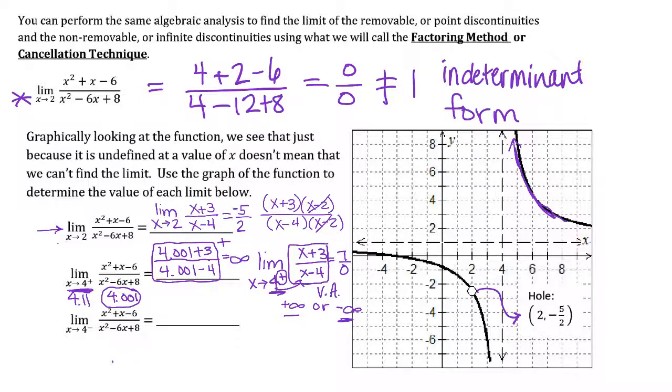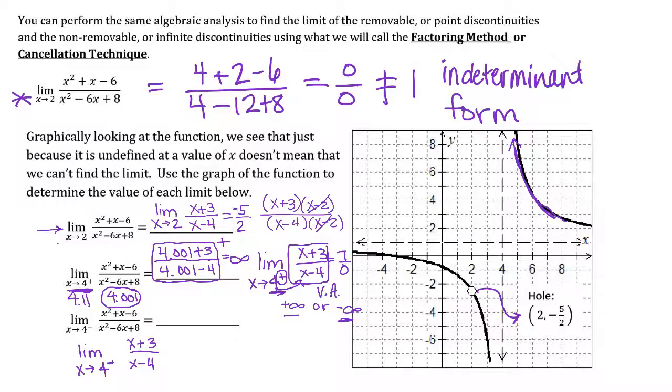And so we're still going to look at the limit as x approaches 4 from the left. And again, we're going to use our reduced form, x plus 3 over x minus 4. Let's substitute something to the left of 4, so maybe 3.999.